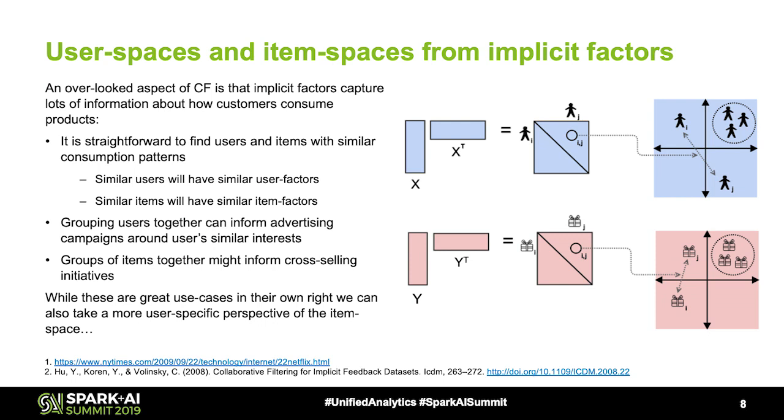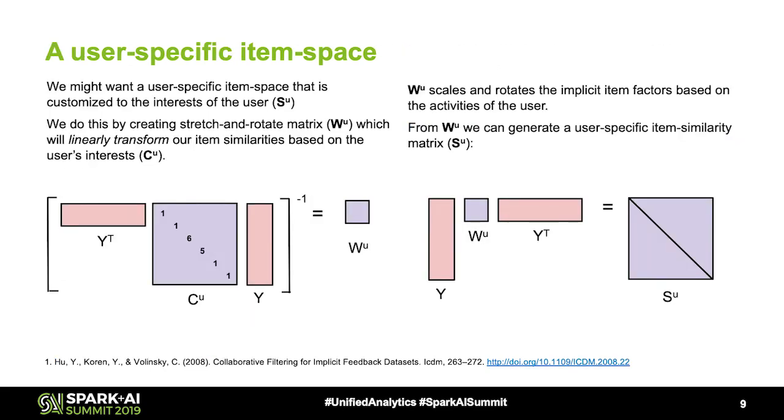But I'm going to take it a step further, and I'm going to say that we can come up with a user-specific perspective on the item space. What I mean by that is we're going to adjust this item space so that it's customized to the user's opinion about items. And the way we're going to do that is we're going to do some linear algebra, which I know is fun for everybody.